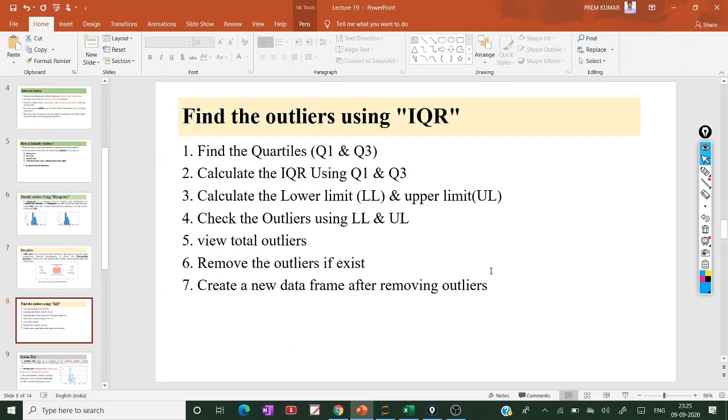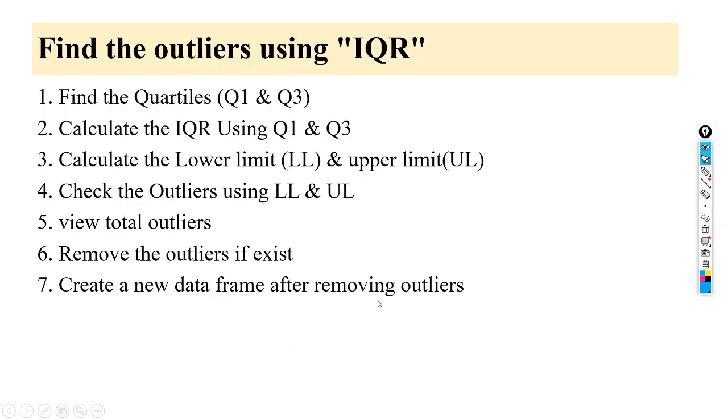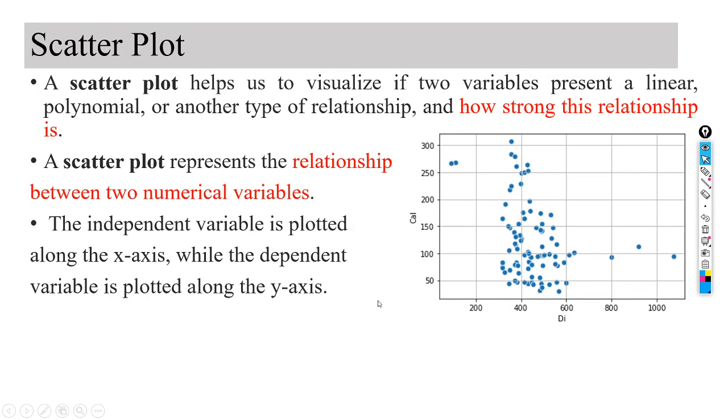Next, scatter plot. What is meant by scatter plot? With the help of the scatter plot we visualize the relationship between two variables, one the independent variable and another the target variable, and we can identify how strong the relationship is.